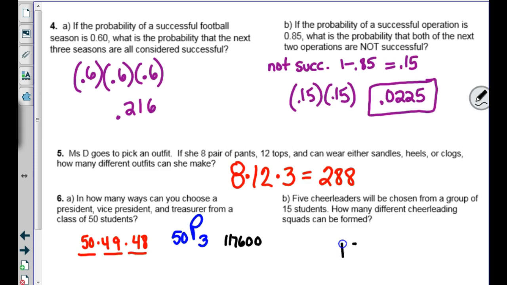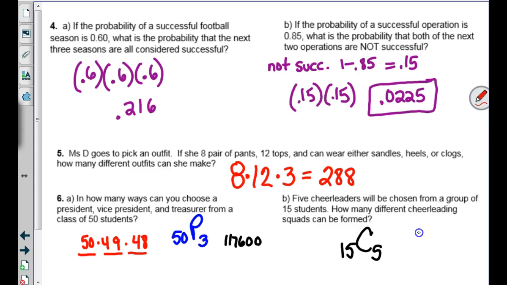Because we don't want to count them all differently. But it should be C. It's like a committee, a team, anything like that is combination when order doesn't matter. I know you feel like order would matter to you in your heart when you got picked, whether you got picked first or last, but it's not a different set of cheerleaders.